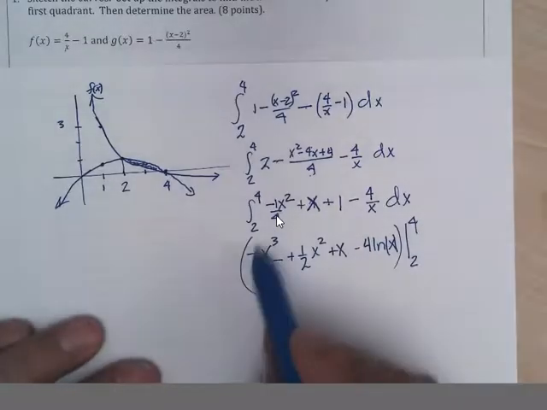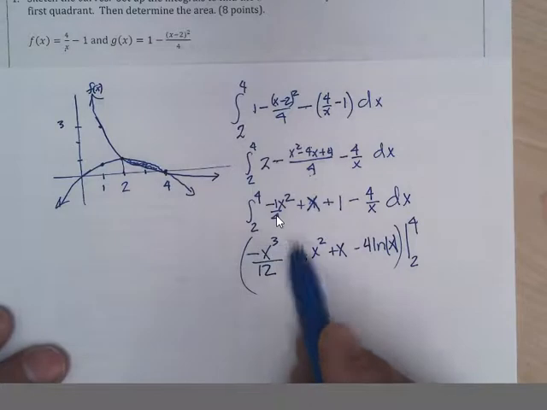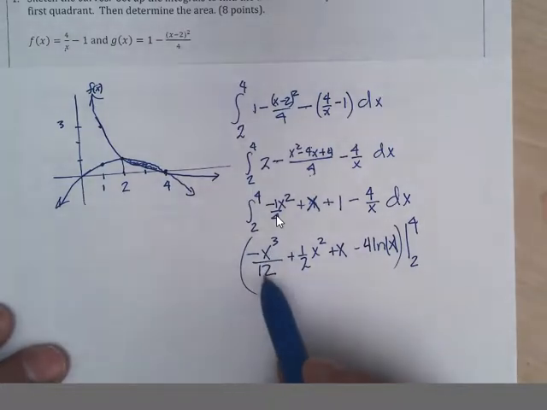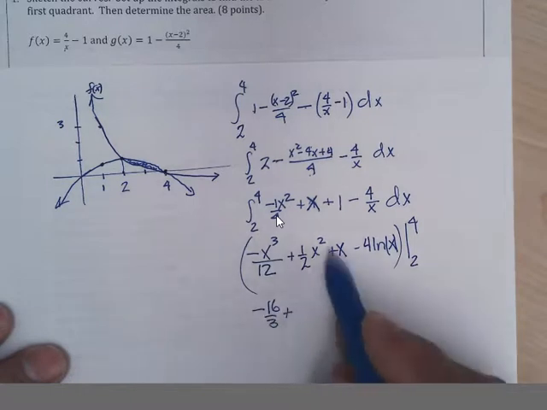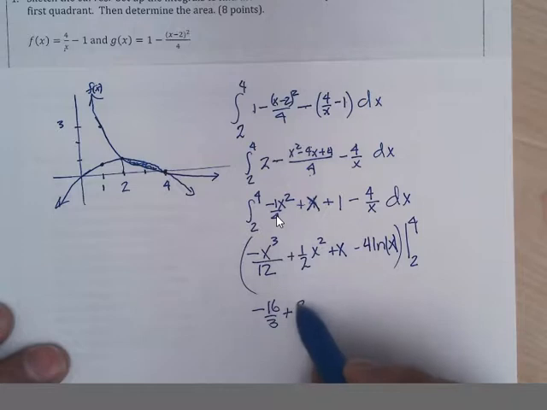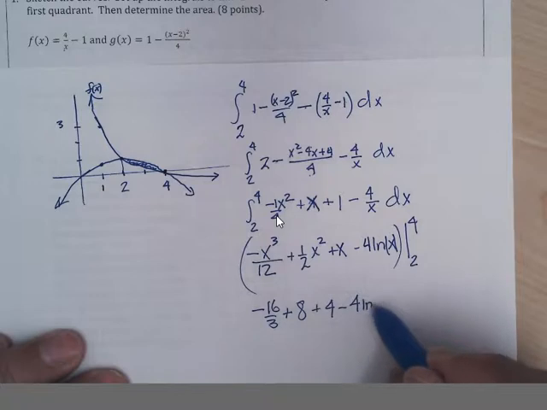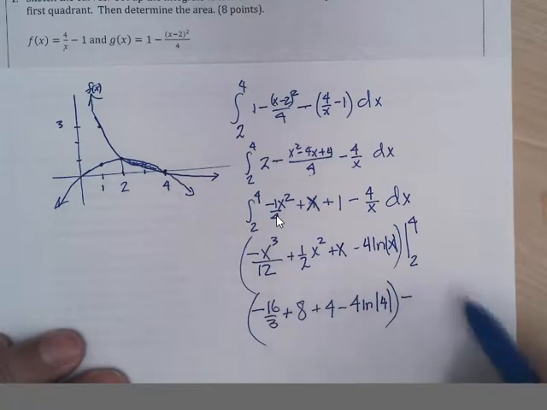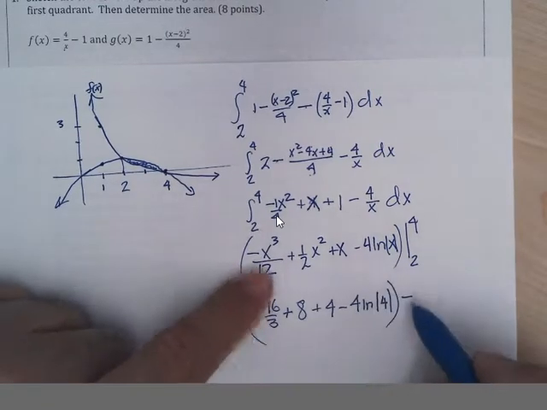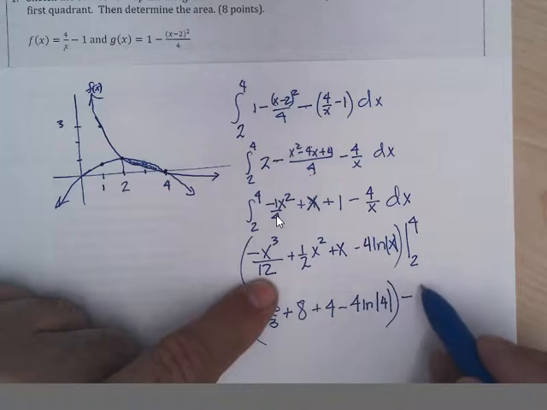So I would put 4 in here, and I'd get 64 over 12 reduces to 16 over 3 plus 16 divided by 2 is 8 plus 4 minus 4 ln 4, all of this minus putting 2 in here, I get 8 over 12, which is 2 over 3.